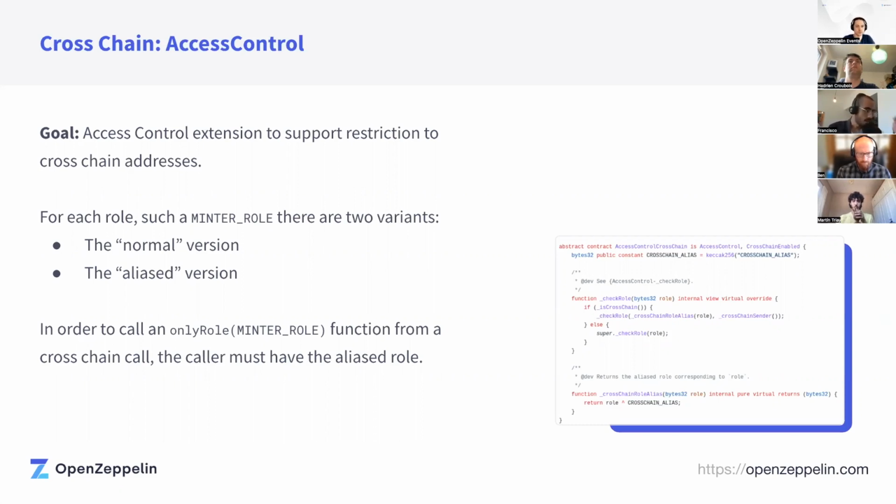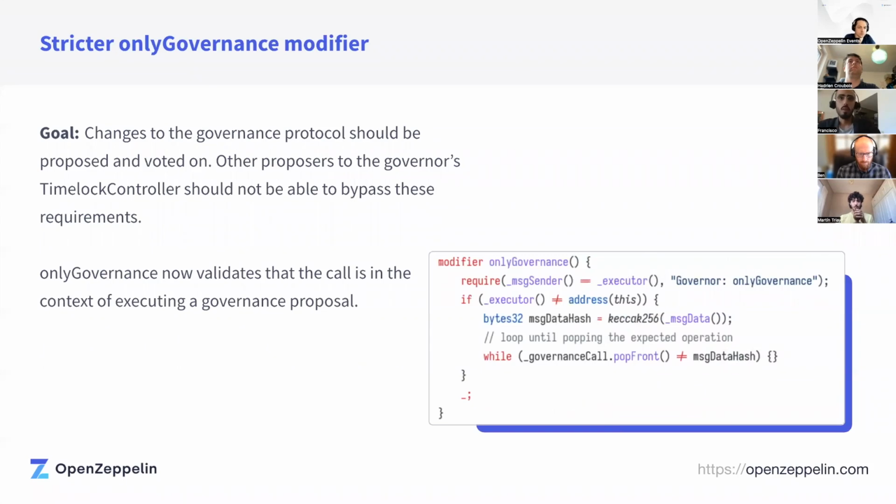So the next one that we wanted to mention is a little bit of a security improvement. This is something that was highlighted in the Certora audit. Our governor contract has some governance operations. They are decorated with this only governance modifier, and the typical ones are changing parameters. So if you have a governor, you have a certain quorum, right? And maybe the price of the governance token changes and you want to update the quorum accordingly. That's something that you would do through governance itself, right?